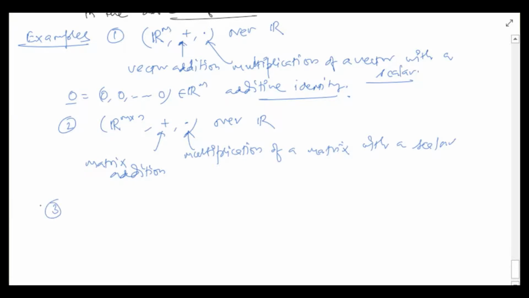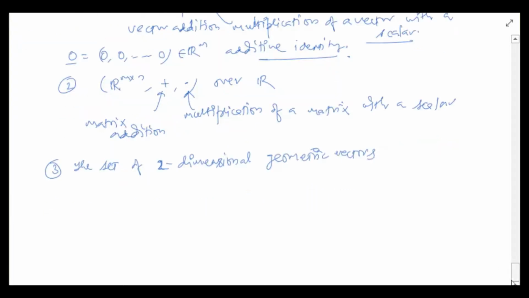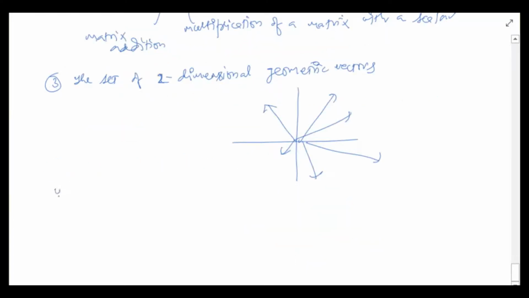For instance, it's a familiar example, the set of two-dimensional geometric vectors. By this I mean this two-dimensional plane, and all the vectors here. It's a collection of all such vectors. This is a vector space.